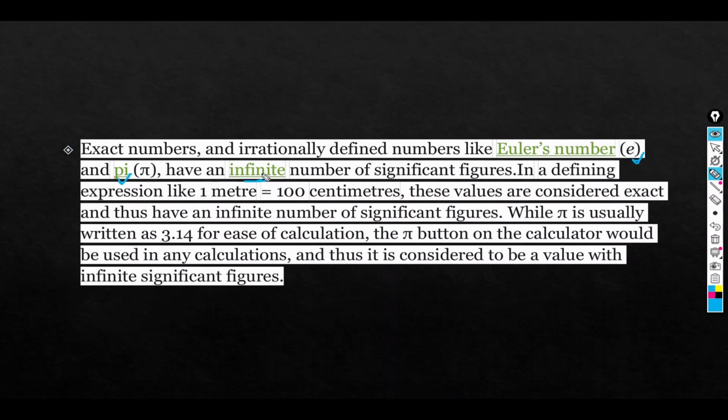Okay, in a defining expression like 1 meter equivalent to 100 centimeters, these values are considered exact and thus have an infinite number of significant figures. So because of this only, in calculators also, for pi usually we take 3.14. Okay, so it is considered to be a value with infinite significant figures.